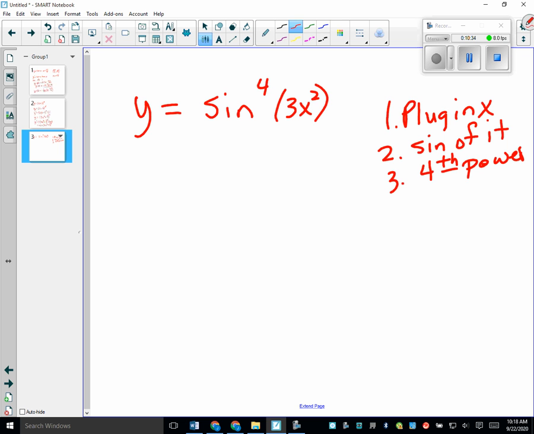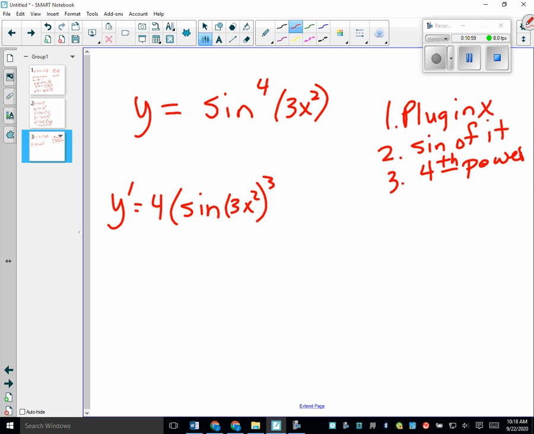So my last step was the fourth power. So when I do the derivative, that's the first derivative I take, the outside, right? So isn't it 4 sine 3x squared cubed?